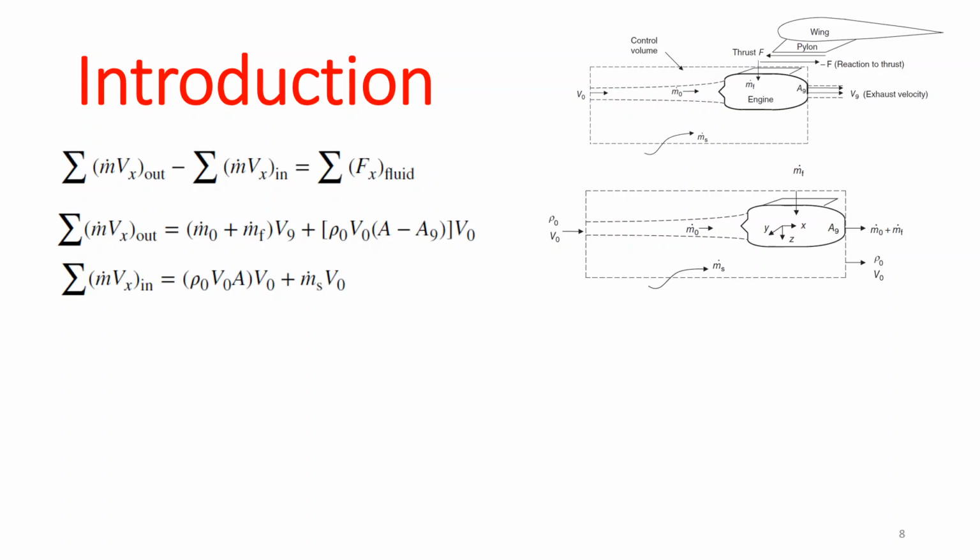The idea was that the only part of the system where your pressure is not zero is at the exit, for which the pressure was P9 minus P naught. That's all. Why did I say P9? P9 minus P naught. Okay? Confused myself.